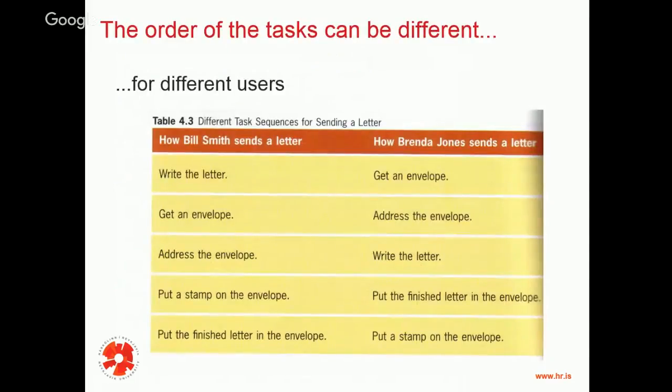And this is from a book. I think it's probably from the book called Interaction Design by Preece et al. Here they are saying that the tasks could be in different sequence, even though the goal is the same.